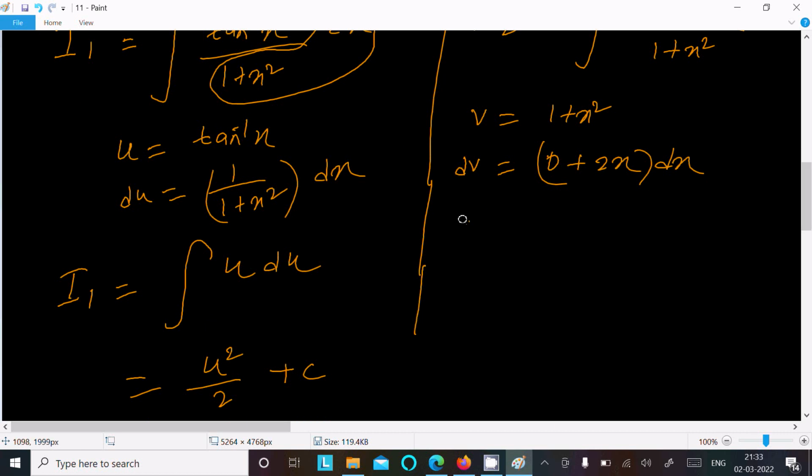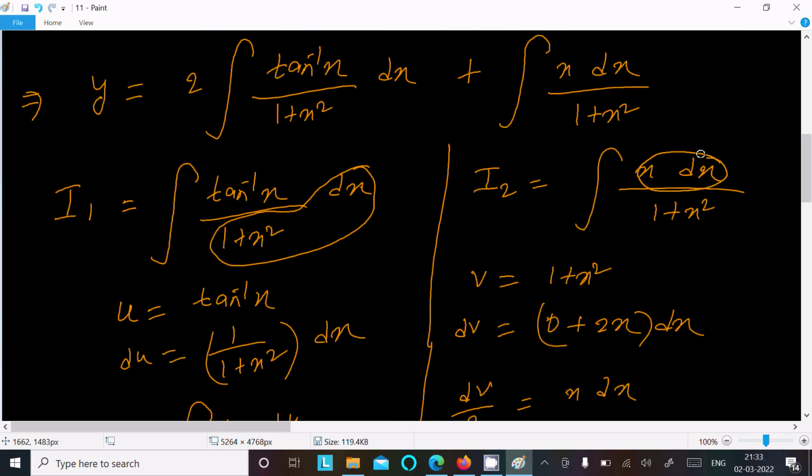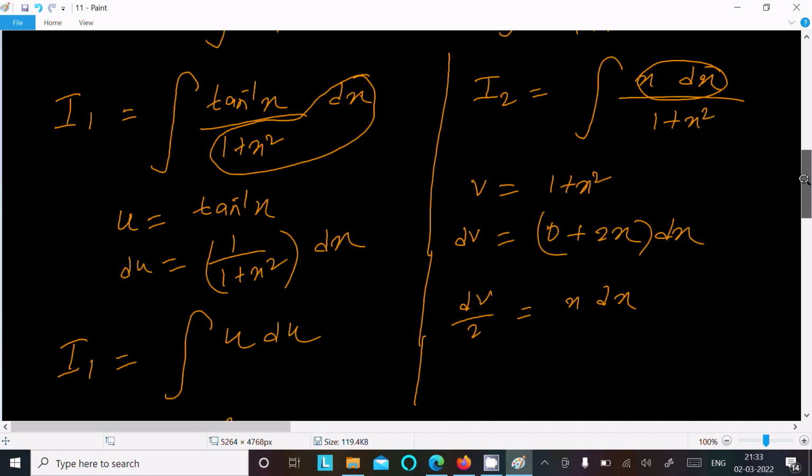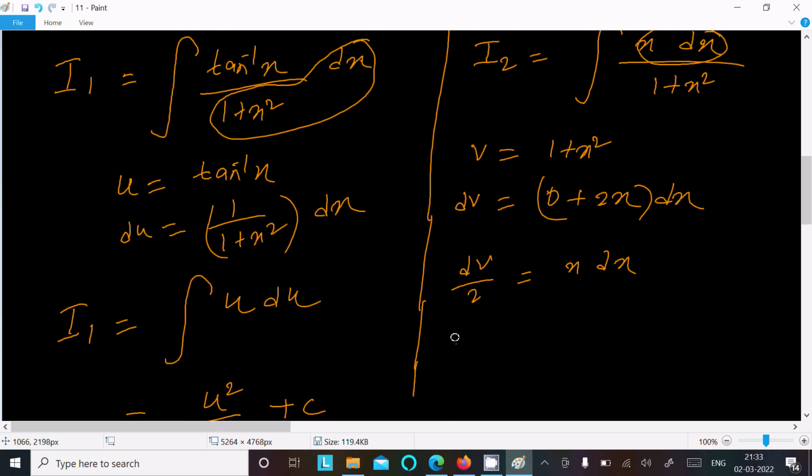So we get dv by 2 equals x dx. So in place of x dx we can put dv by 2. Now I2 is the integration of (1 by 2) dv over v, where 1 plus x squared is what I assumed as v.